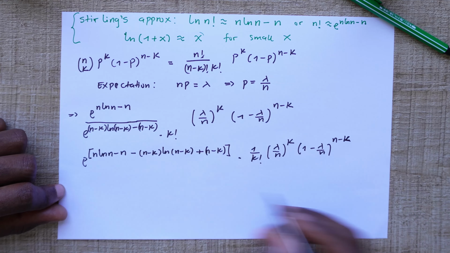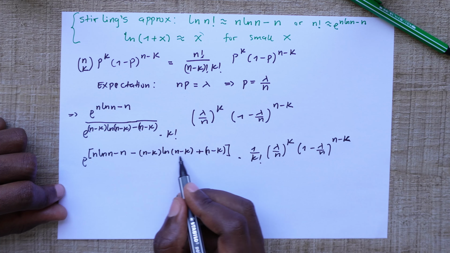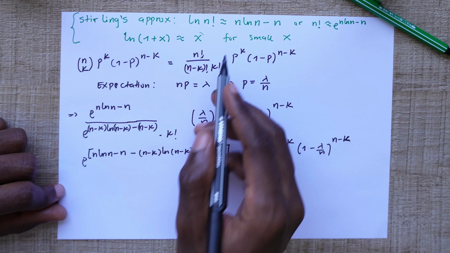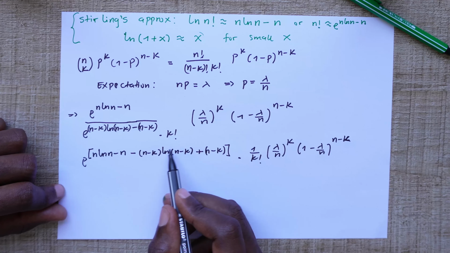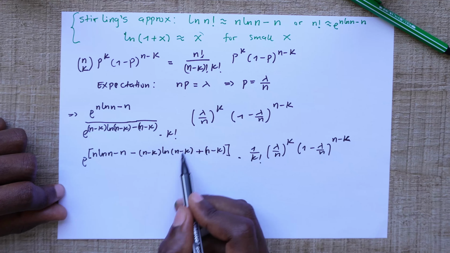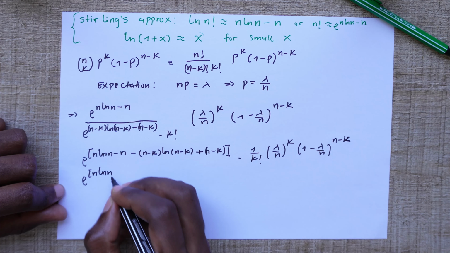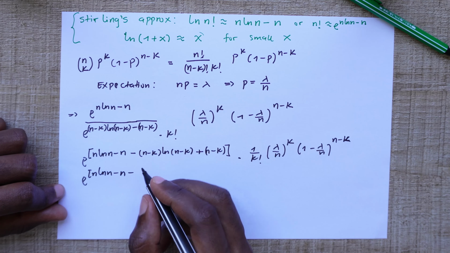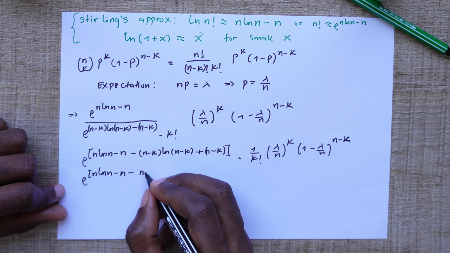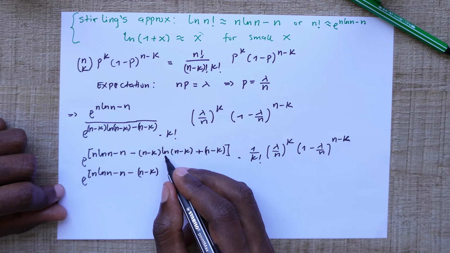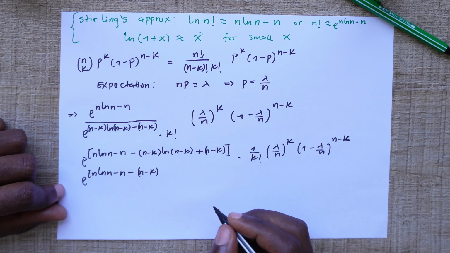Okay, then we are going to try to simplify this expression. So we are going to make use of the second approximation to have a simplified expression of this natural logarithm. And the way we do that, n ln n minus n minus n minus k. Okay, so the way we do that is that we are going to factor out n from this logarithm.